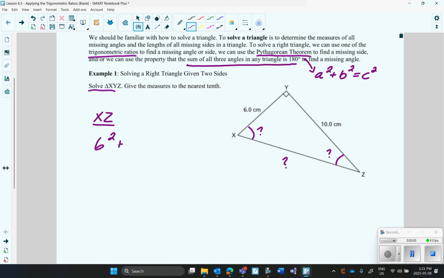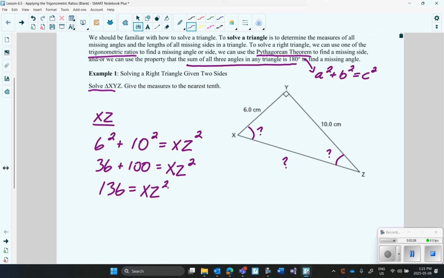So 6 squared plus 10 squared equals xz squared. That gives us 36 plus 100 is equal to xz squared. That means 136 is equal to xz squared, which means how are we going to find xz? Square root of 136.